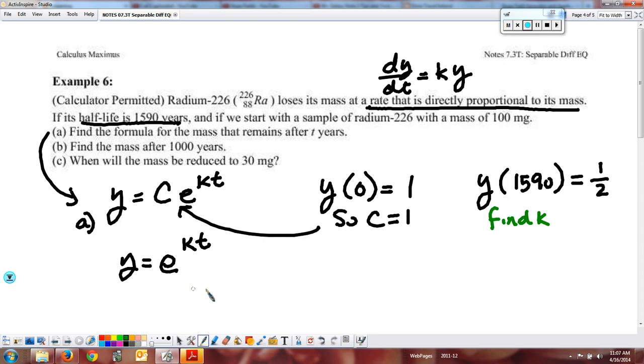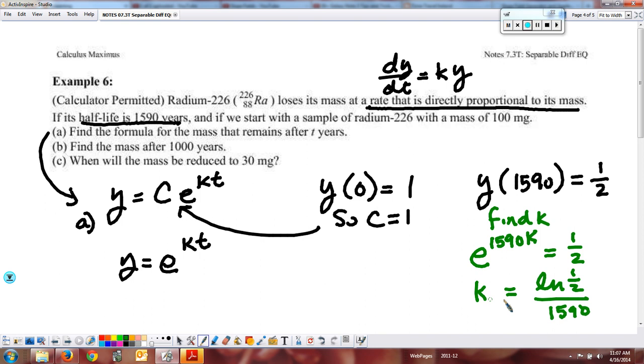What that's going to do for me is e to the 1590k is going to equal 1/2. And you can almost memorize what k is going to end up being. It's going to be the natural log of 1/2 divided by 1590.